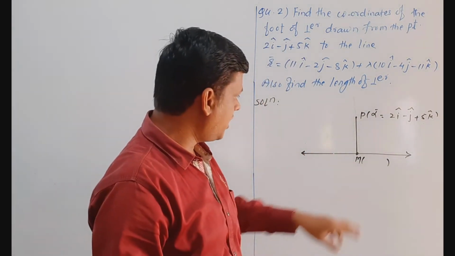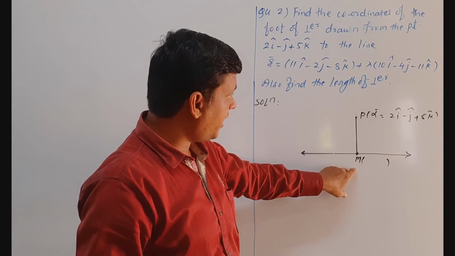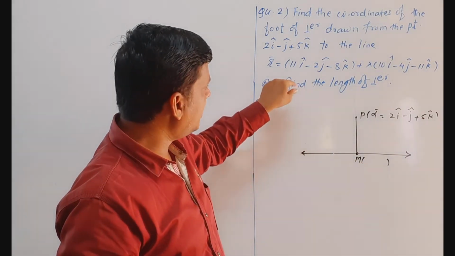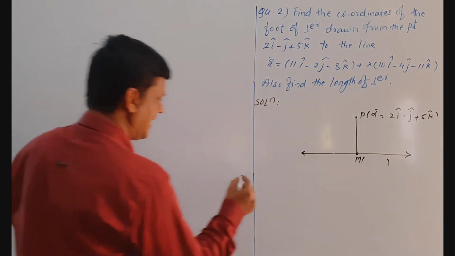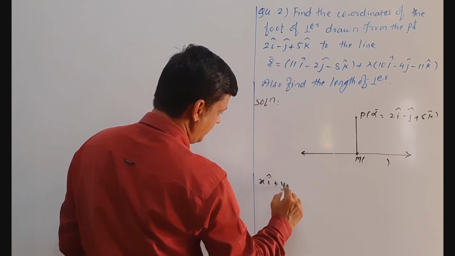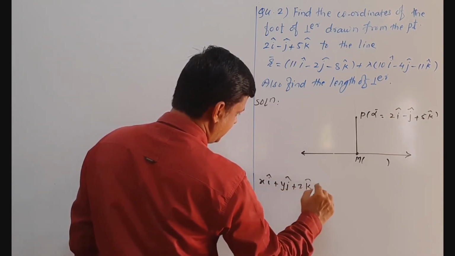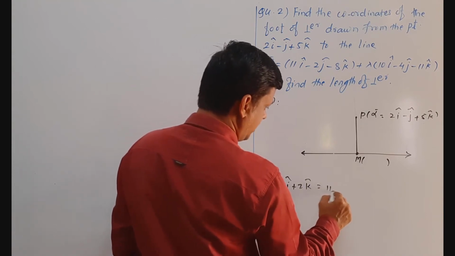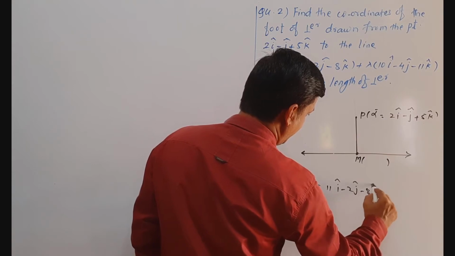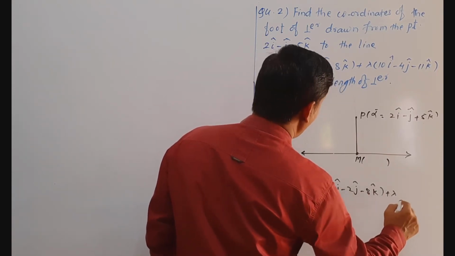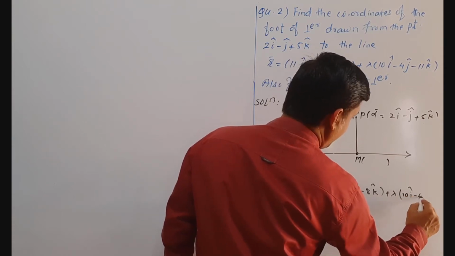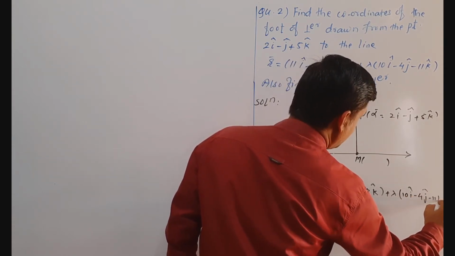We have to find the coordinate of point M. Now this point is on this line, so we consider this r bar as any point. So we write this as xi plus yj plus zk is equal to 11i minus 2j minus 8k plus lambda into 10i minus 4j minus 11k.